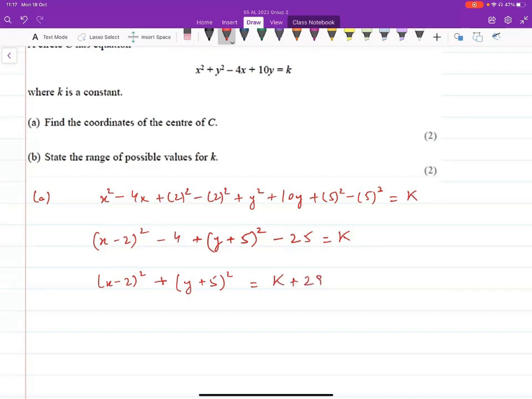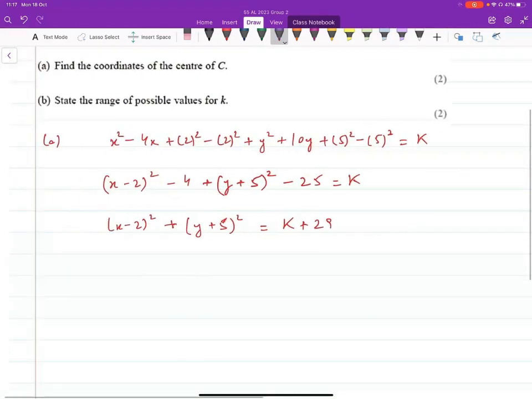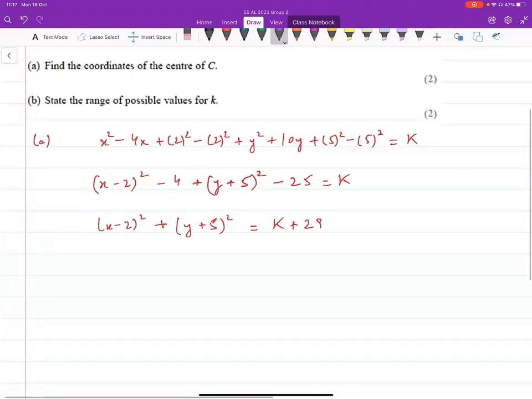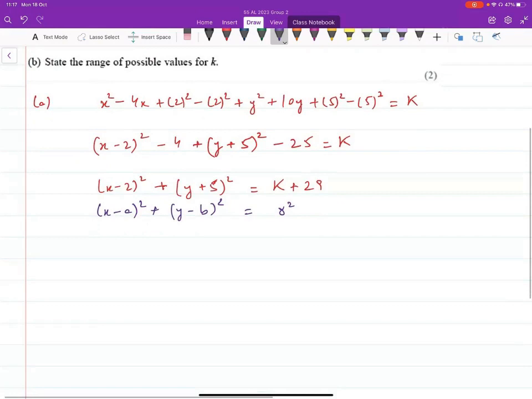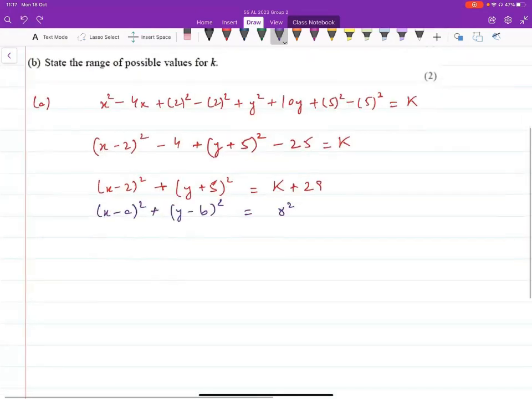Now, what are the coordinates of the center? If we compare with the standard form, x minus a whole square plus y minus b whole square equals r square, the coordinates of the center are 2 and minus 5. These are the coordinates of the center of the circle. Any issues with this?